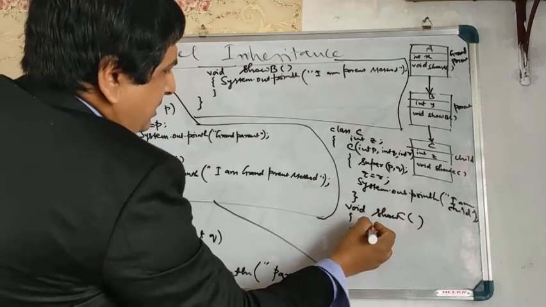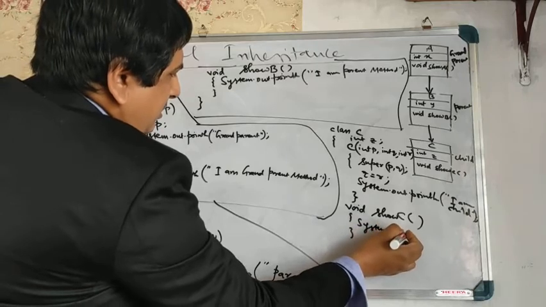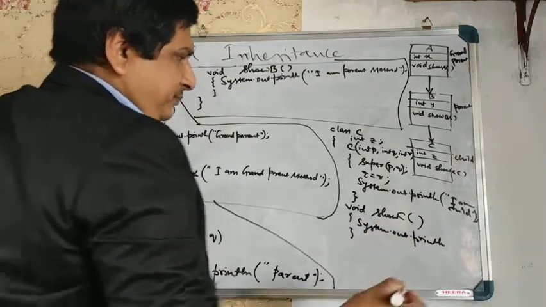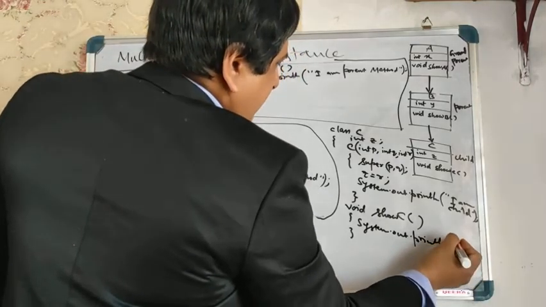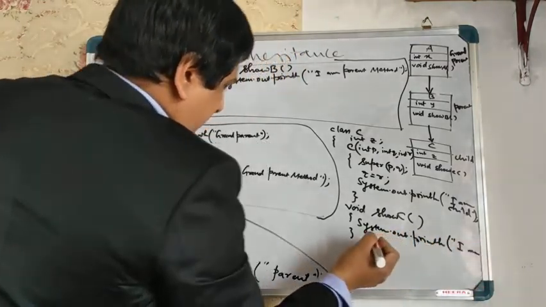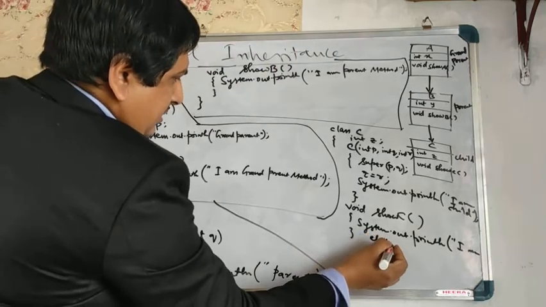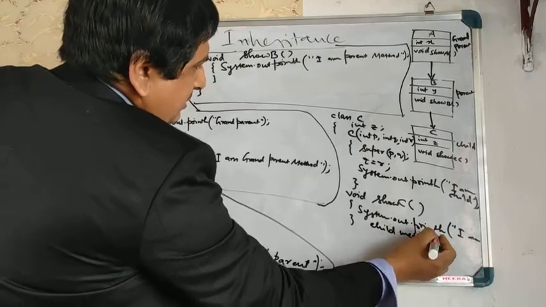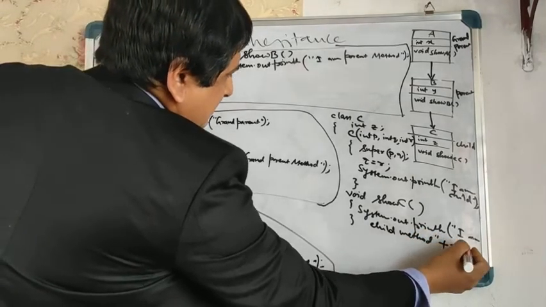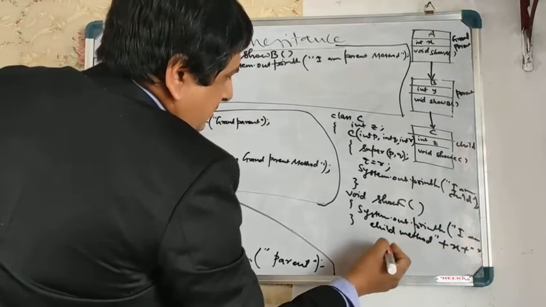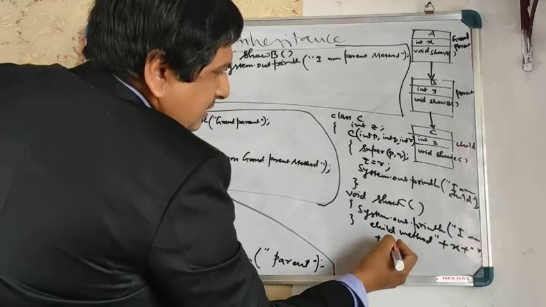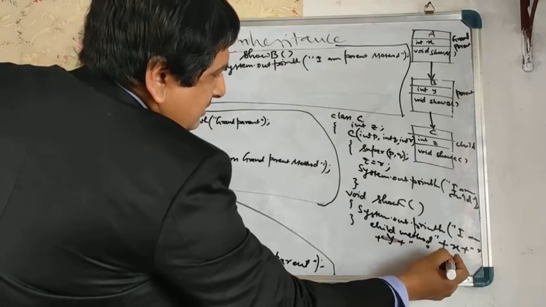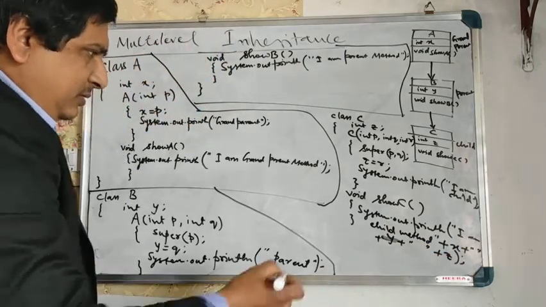Within that I am writing System.out.println("I am child method" + x + y + z).